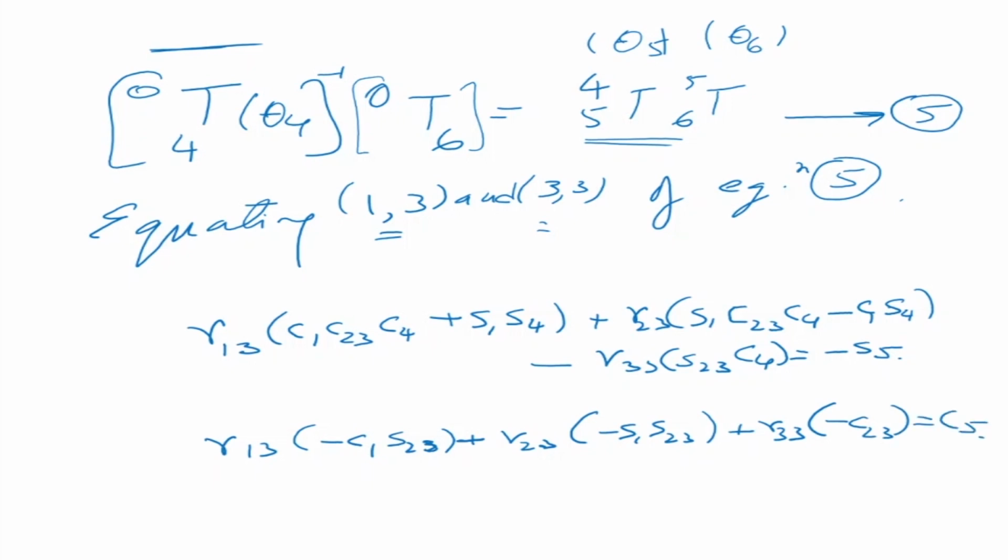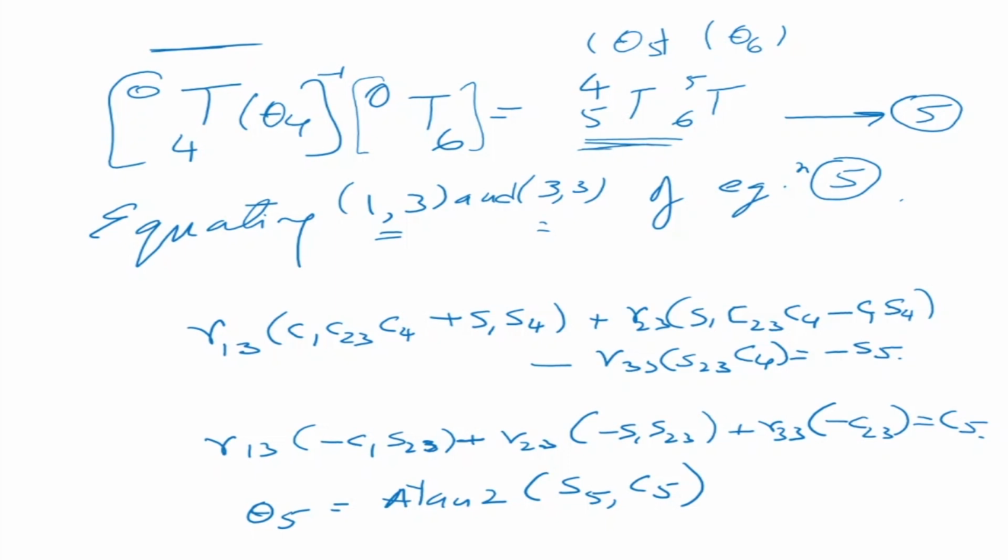Okay, and from here we can solve for theta 5 as theta 5 is equal to a tan 2 of sine 5 and cos 5. Okay, this is our solution for theta 5. Now in this equation we also know theta 5, so we bring theta 5 also to the left hand side.